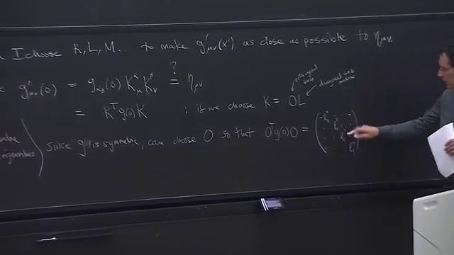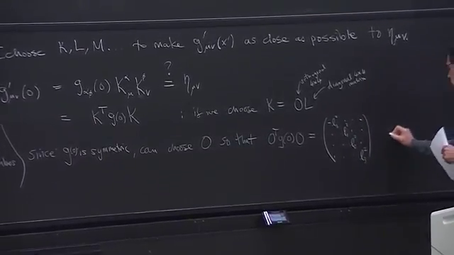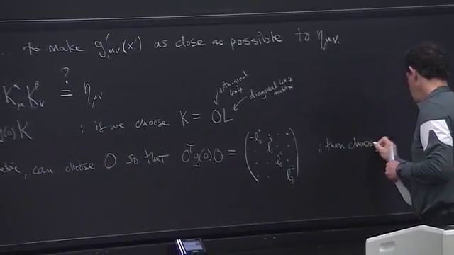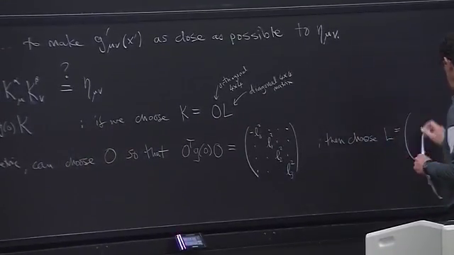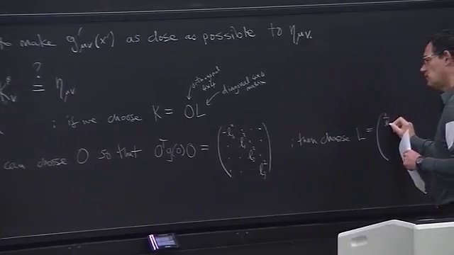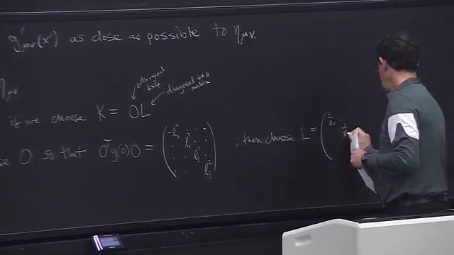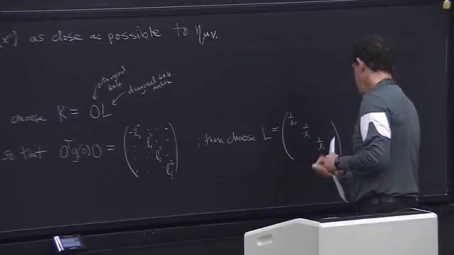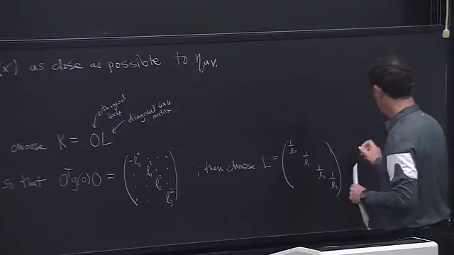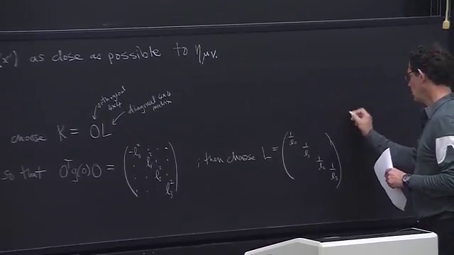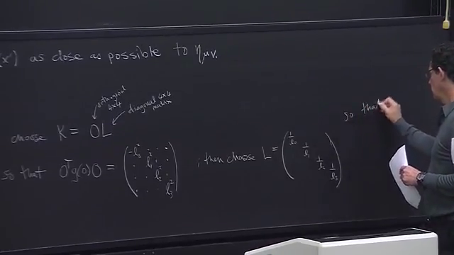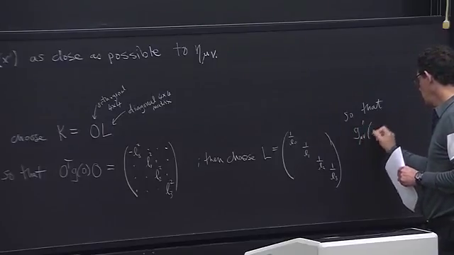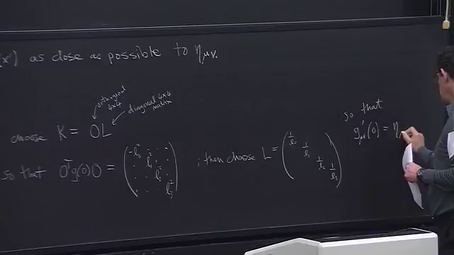So one negative and three positive, and then choose L to be equal to 1 over L0, 1 over L1, 1 over L2, 1 over L3. And then we have that G prime mu nu of 0 equals eta mu nu.